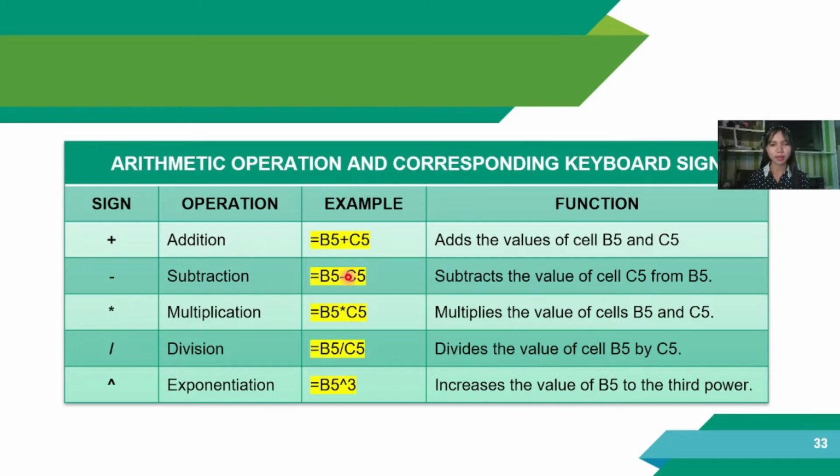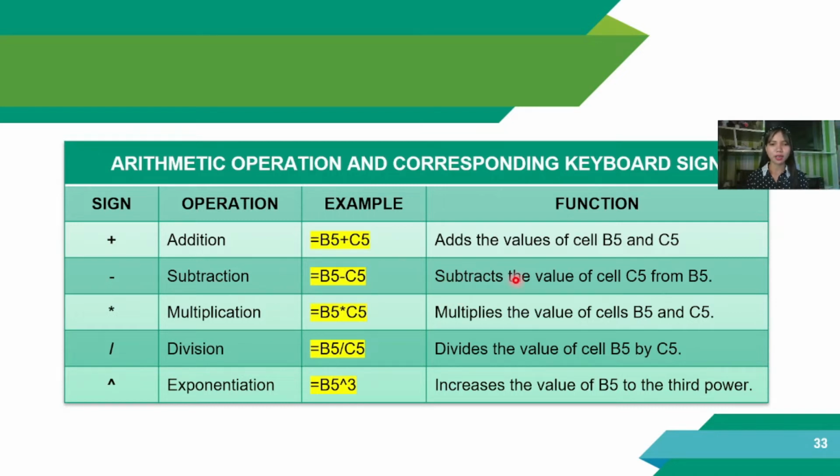Subtraction: B5 minus C5. Multiplication: equal sign B5 asterisk C5. Division: B5 slash C5. Exponentiation: equal sign B5 then the caret, then 3. So the addition function adds the values of cells B5 and C5.